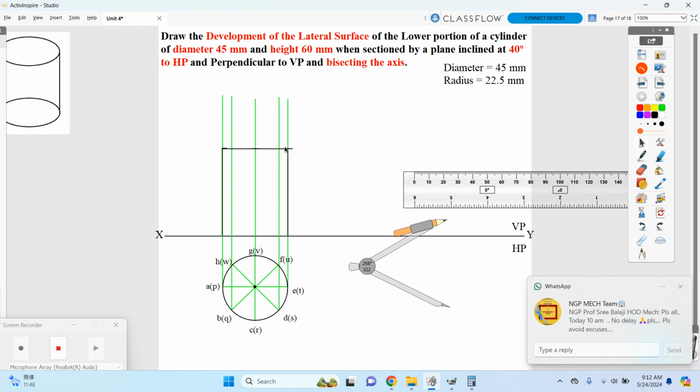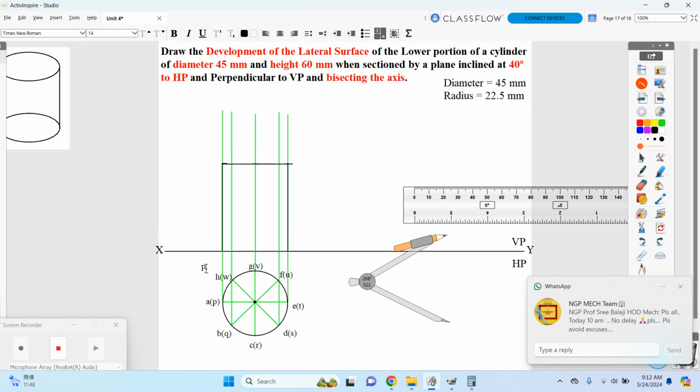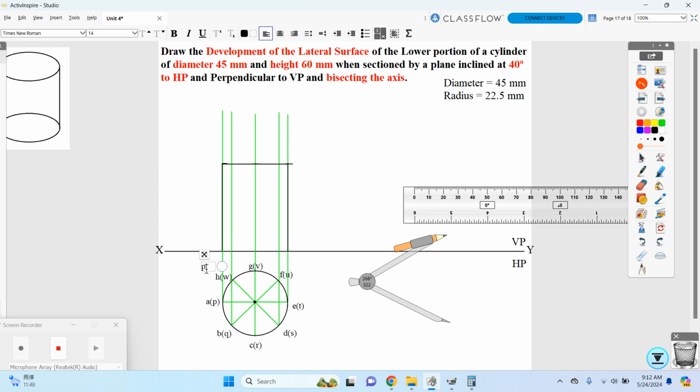Now we are going to mark the notations for this. For marking the notation, p dash only over here, then over here it is e dash.